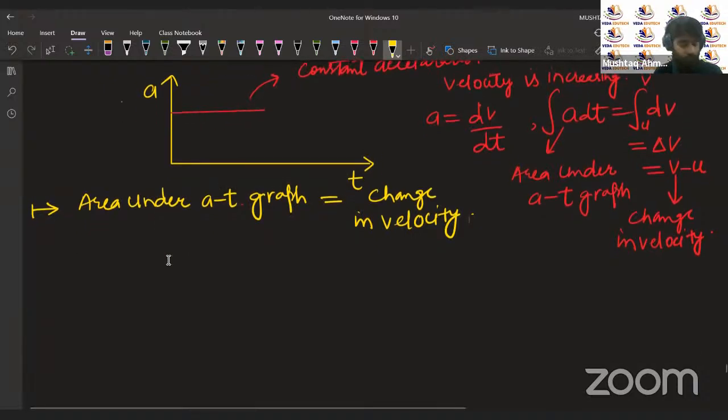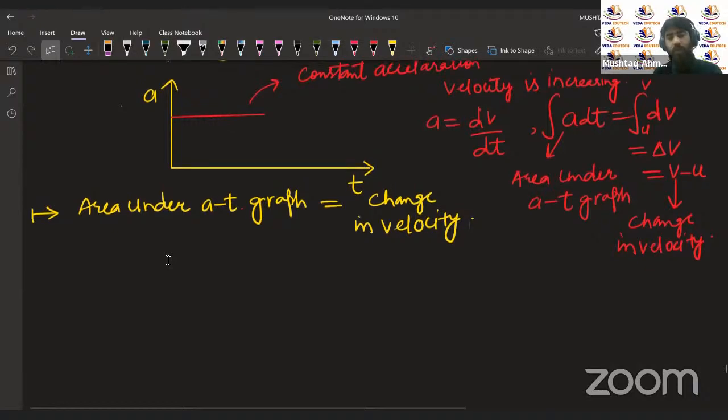So let's move on further. The area under the acceleration-time graph represents the change in velocity, right?